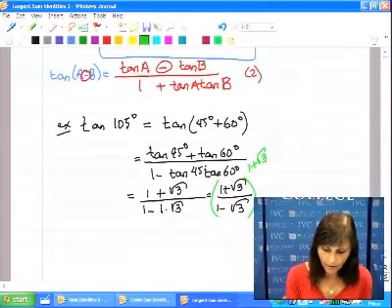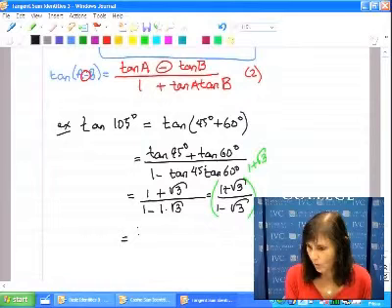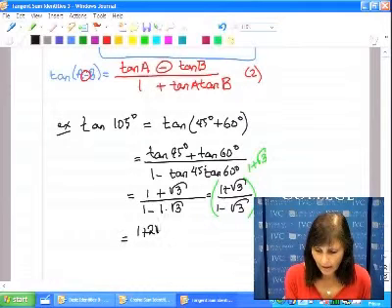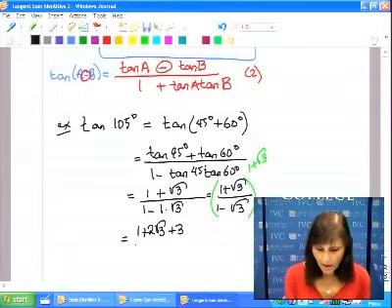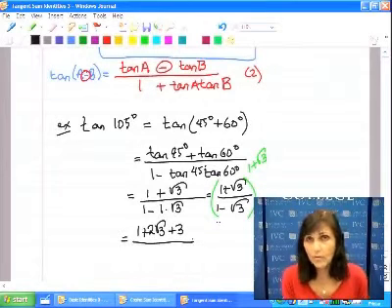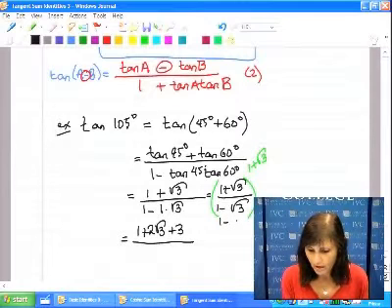So what do you end up with on top? It's a binomial expansion, so it's going to be 1 plus 2 rad 3 plus rad 3 squared, that's 3. And what do you have at the bottom? The first one squared, 1, minus the second one squared, that's 3. What is that? Negative 2.